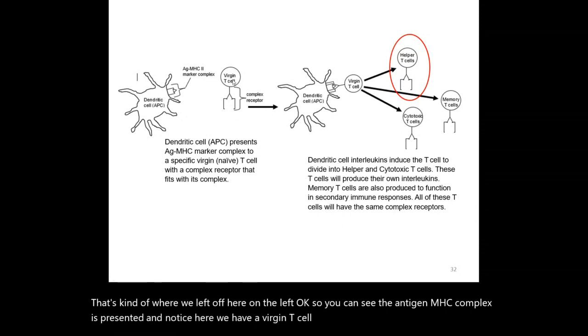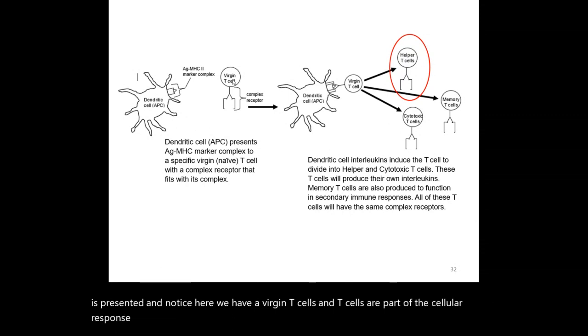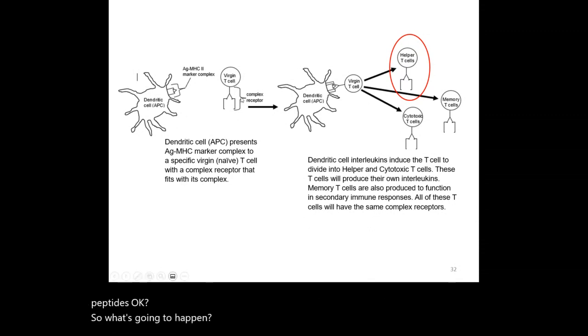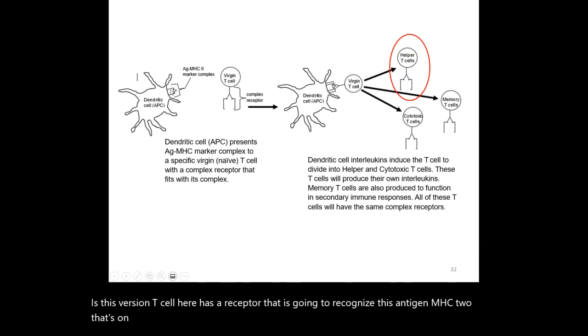And T cells are part of the cellular response, and T cells can only recognize digested antigen, also called antigenic peptides, okay? So what's gonna happen is this virgin T cell here has a receptor that is going to recognize this antigen MHC2 that's on the dendritic cell, okay? And it's able to bind it, which is what you see happening here on the right.